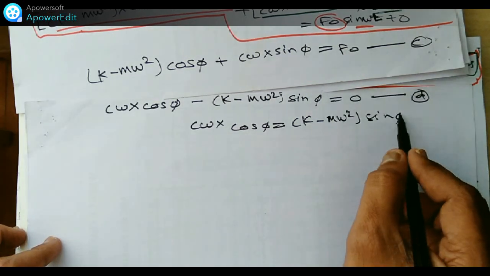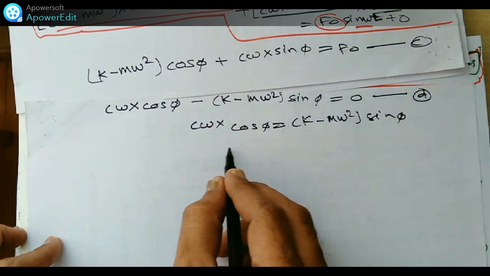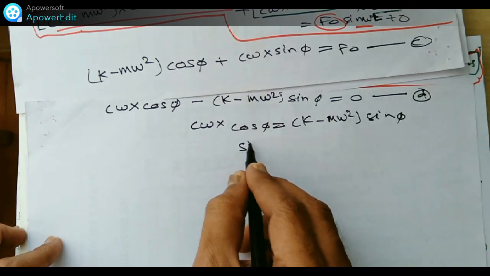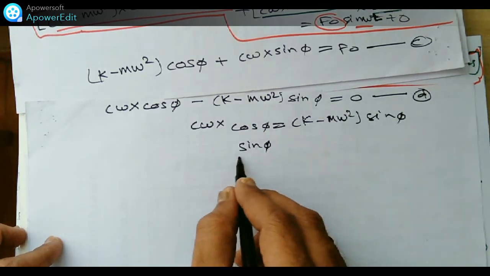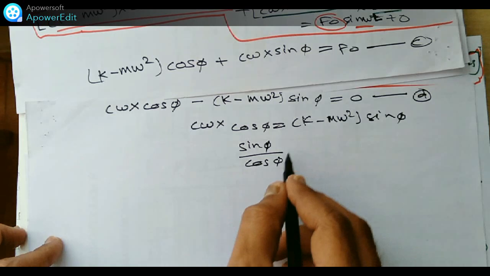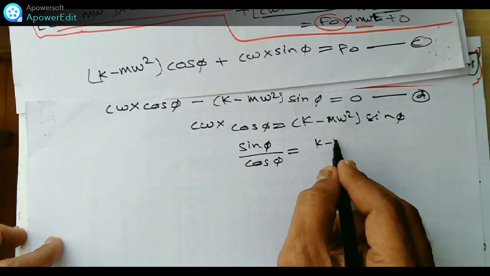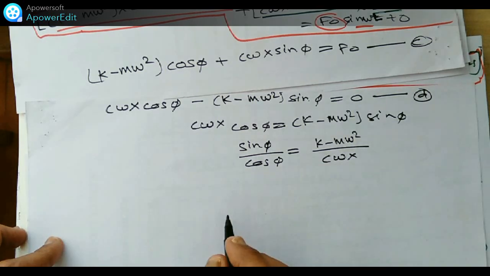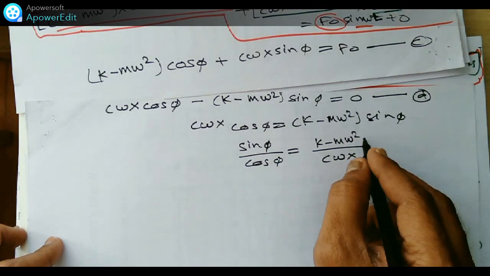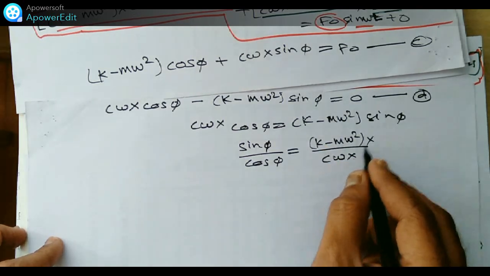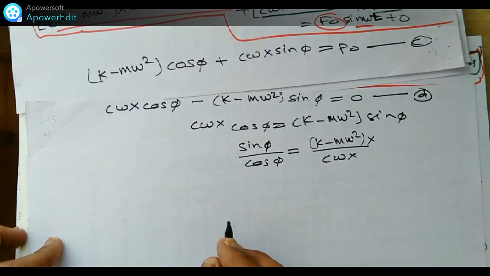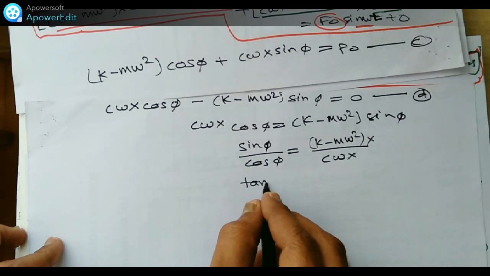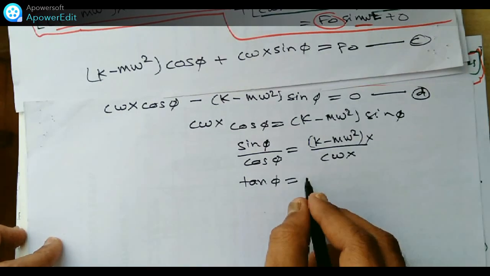So sin phi upon cos phi is equal to k minus m omega square upon c omega x. The x is there, that will get cancelled. What is remaining is tan of phi.